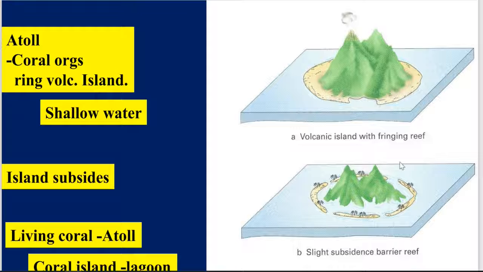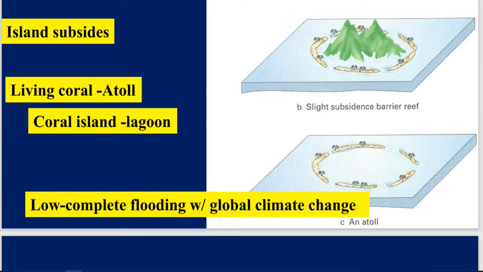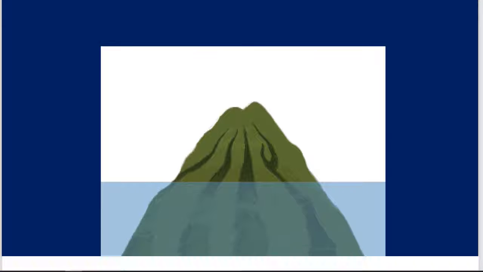They started out as volcanic, but then they flattened out over the millennium of time, and they became much lower islands, and all that remained was the coral that collected around the islands and created a magnificent marine life sanctuary. Lagoons in these islands. They're very beautiful islands. They're very tropical. They are low, and there is a lot of flooding, and they are subjected a lot to the global climate change as the ocean waters rise.